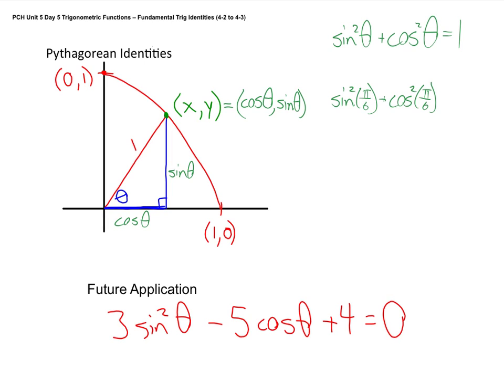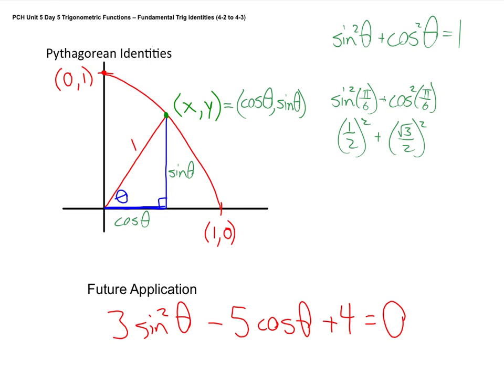Pi over 6 is 30 degrees. What's the sine? A half. So 1/2 squared. What's the cosine of pi over 6? Root 3 over 2. So root 3 over 2 squared. This is where your unit circle's coming in. That's why we've got to know that.